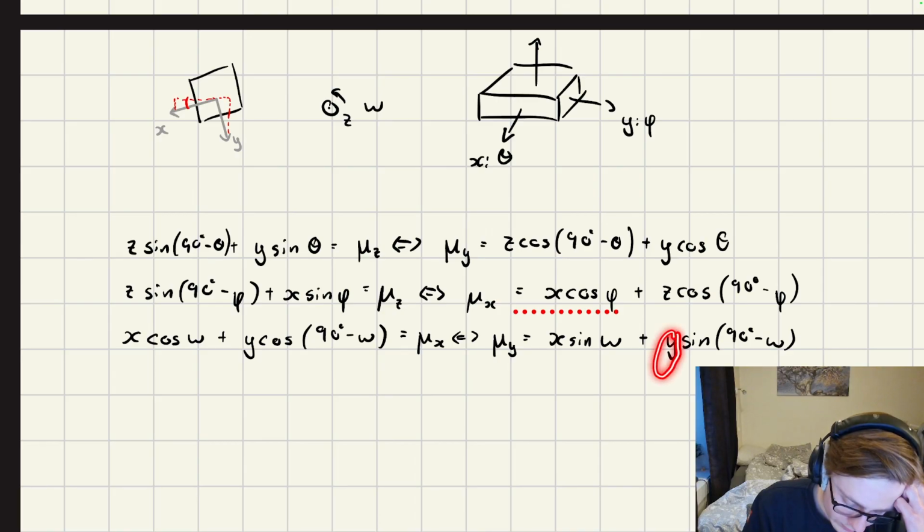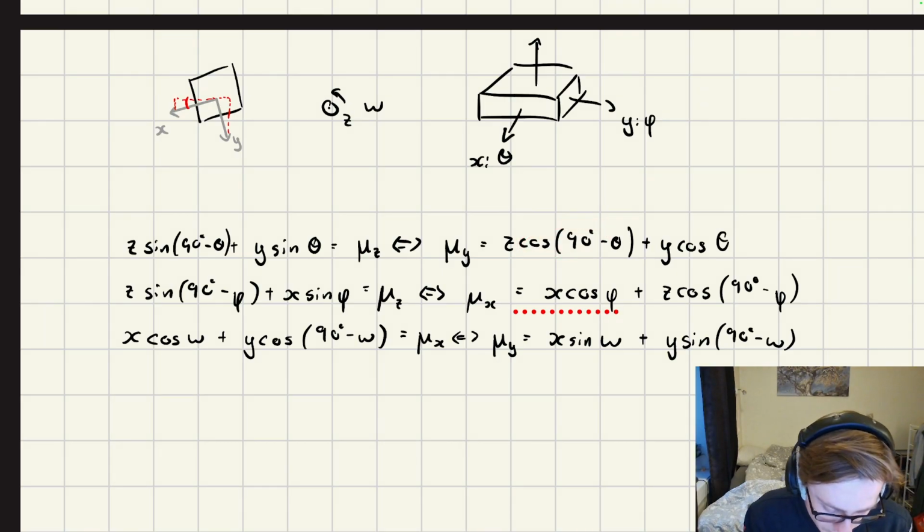And then this would be 0. Omega 0. This is 90, so this is 0. And if omega is 0, X should also be 0. If theta is 0, this is Y, which should be 0. This is 0. This one is 0. Yes, I couldn't find any mistakes at least.